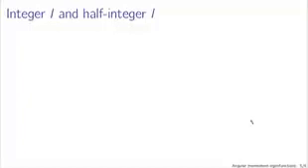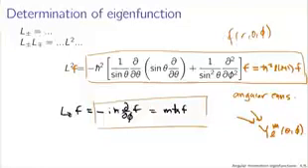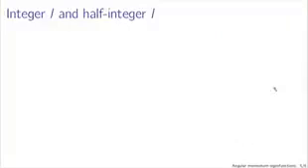We have half-integer L and integer L. Our consideration of wave functions, the solutions to these partial differential equations, gives us spherical harmonics, which are only meaningful for integer L. Half-integer L doesn't really make any sense in the context of spherical harmonics, which means if what we're talking about is angular momentum of something like a physical particle, orbital angular momentum, rotational kinetic energy, essentially, we can't have half-integer L. But we do have these half-integer L solutions.